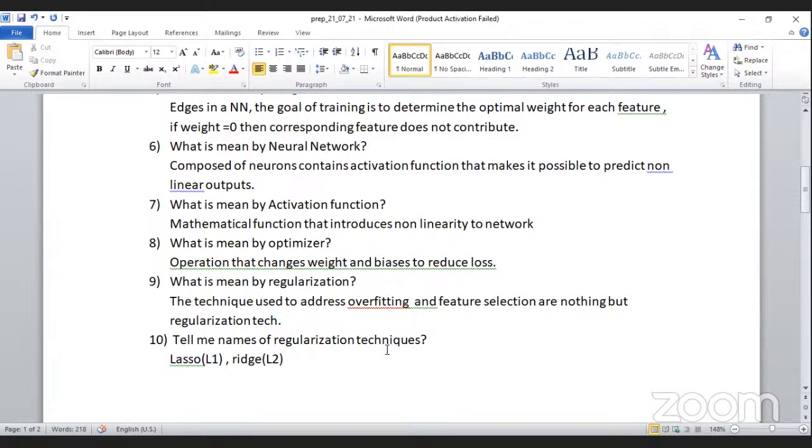Next question is, what is meant by lasso regression? So what is meant by lasso regression?